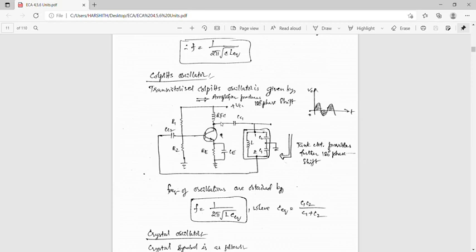So in this Colpitts oscillator, an LC oscillator which uses two capacitive reactances and one inductive reactance in the feedback network, that is the tank circuit, is called the Colpitts oscillator.